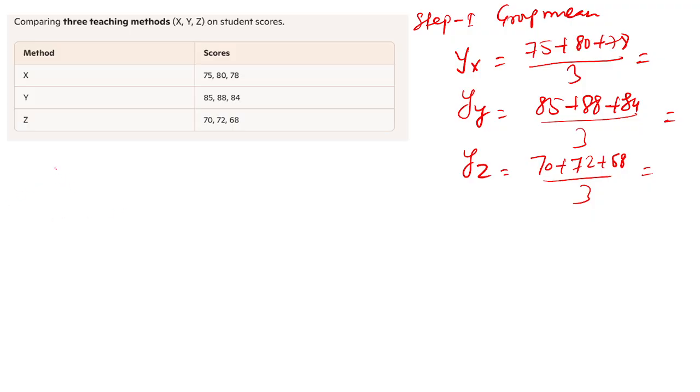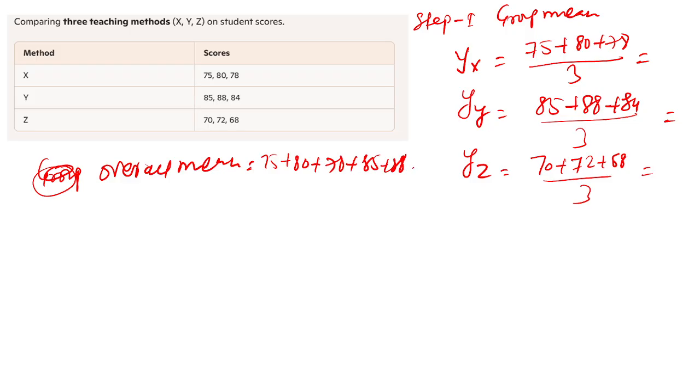Then we have to calculate the overall mean, not the group mean: summation of all 75, 80, 78 plus 85 plus 88 plus 84 plus 70, 72, 68 by 9. Just tell me the value.